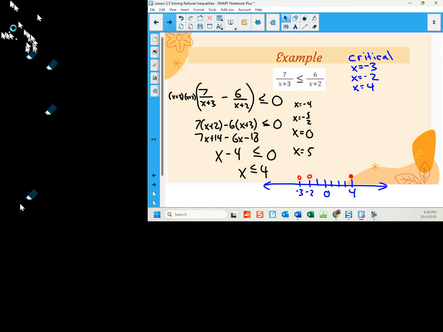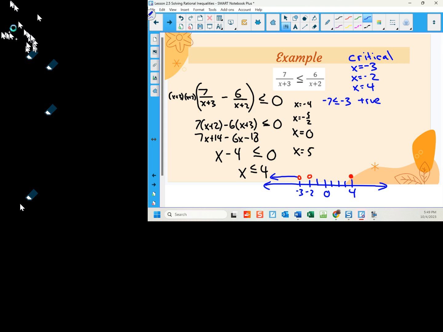So when I plug in -4, I get 7 over negative 1, which is negative 7, less than or equal to 6 over negative 2. 6 divided by negative 2 would be negative 3. Is negative 7 less than or equal to negative 3? That's true. So far, I do want to include negative 4. It's going to be out here.